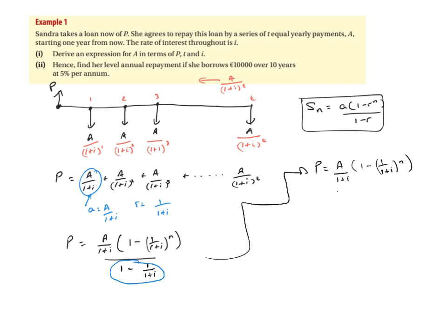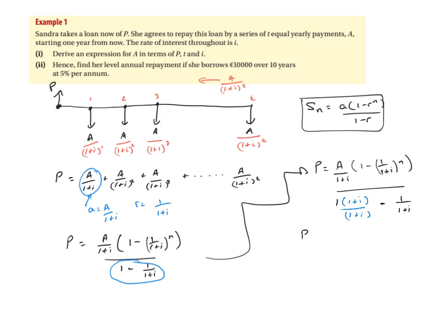And then that's all over, and I need to get this here as a common denominator. So what I'm going to do is multiply this by 1 plus I over 1 plus I. So let's just do that. I'll do it nice and slowly so you can see it. So we've got 1, and I'm doing 1 plus I over 1 plus I, minus, now I've got 1 over 1 plus I, which means that I have the common denominator.